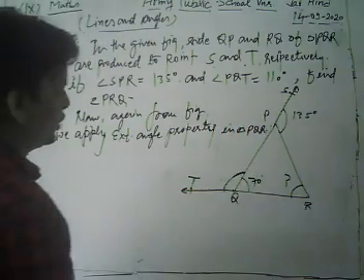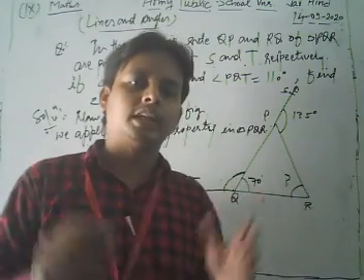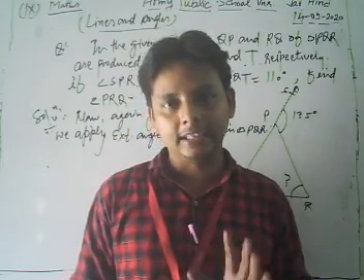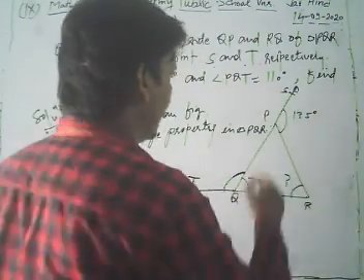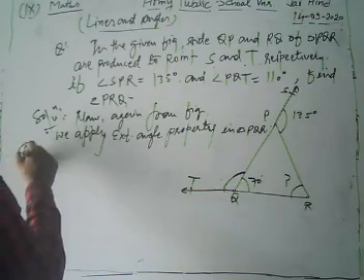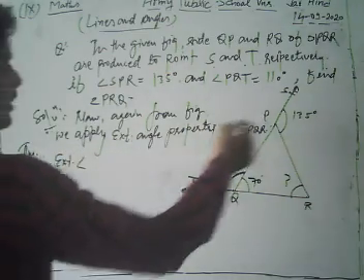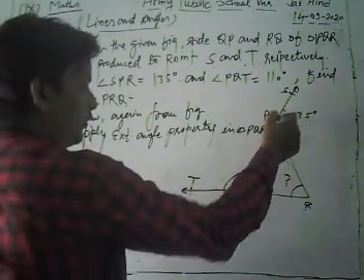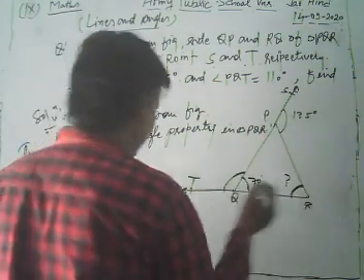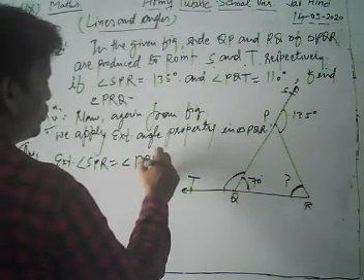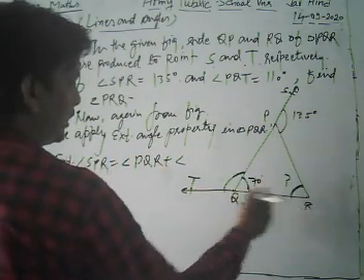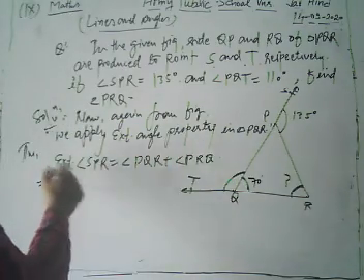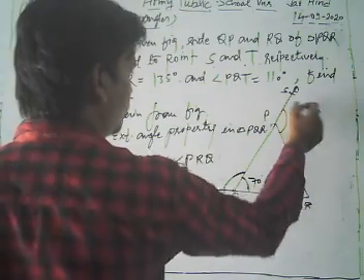Dear students, according to this property, the exterior angle of a triangle is equal to the sum of its two opposite interior angles. So here the exterior angle SPR is equal to the sum of its two interior opposite angles, that is angle PQR plus angle PRQ, which we need to find. Now look, here angle SPR is equal to 135.